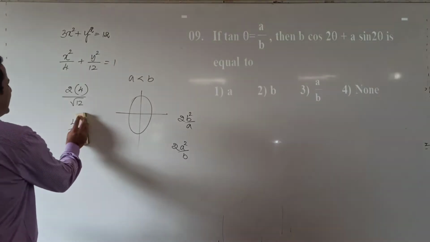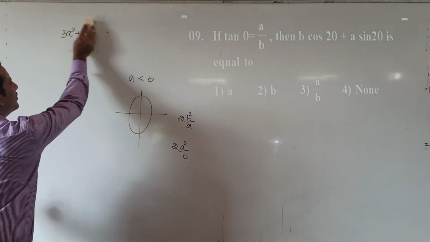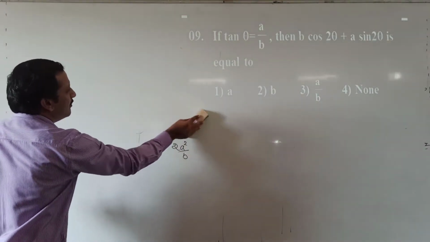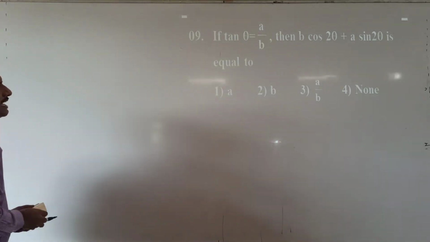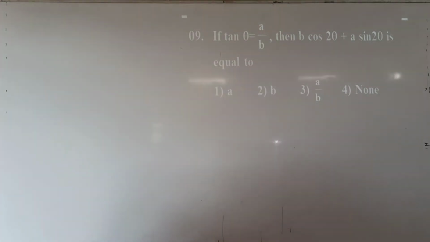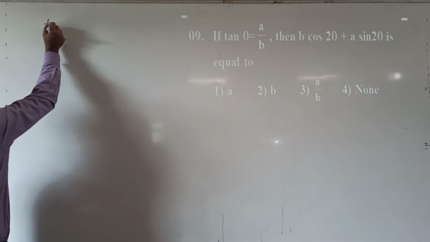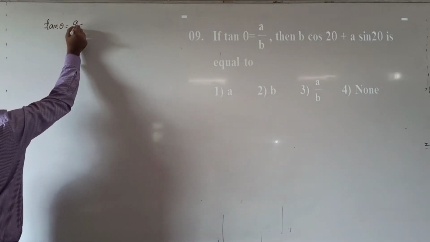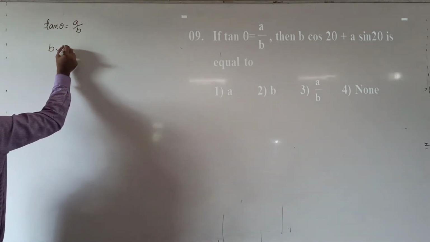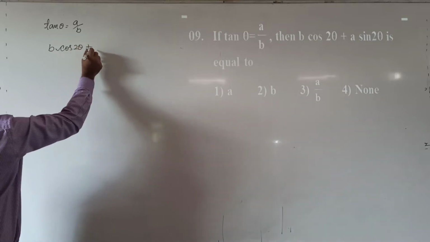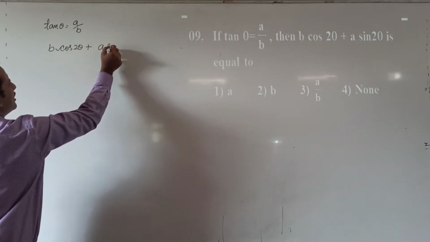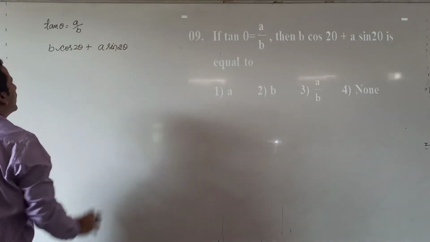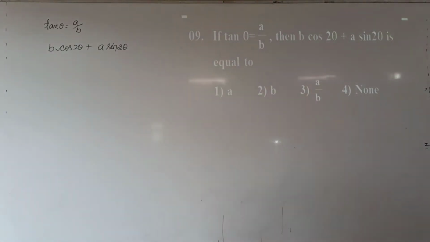Then, 9th question. If tan theta is equal to a by b, then b cos 2 theta plus a sin 2 theta is? They have given tan theta as a by b. We are asked to find out b cos 2 theta plus a sin 2 theta. Okay. So we can write the sin 2 theta and cos 2 theta in terms of tan theta.